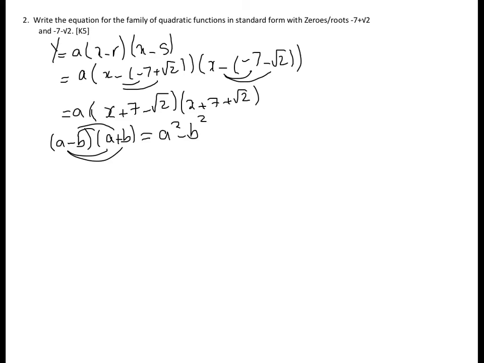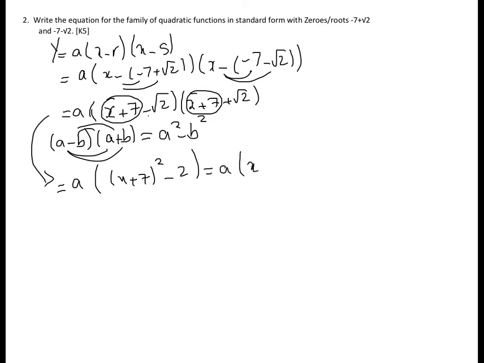In this case, x plus 7 is repeating, and then you have square root of 2, square root of 2, and one is negative, the other one is positive. So this one can be written as a times (x plus 7) squared minus (square root of 2) squared, which is 2.